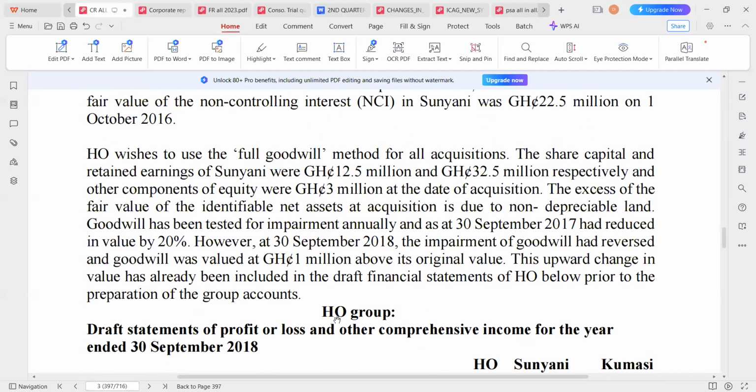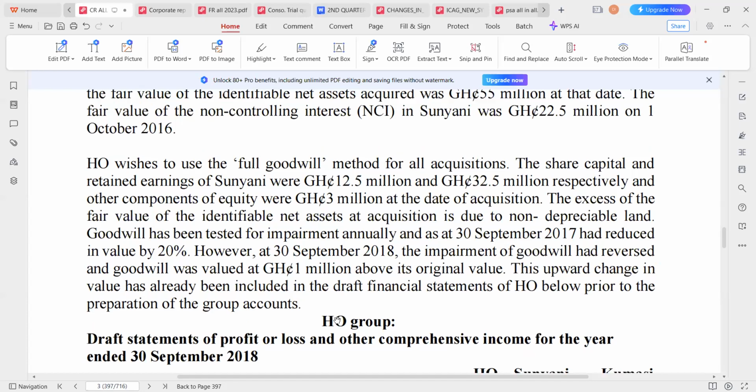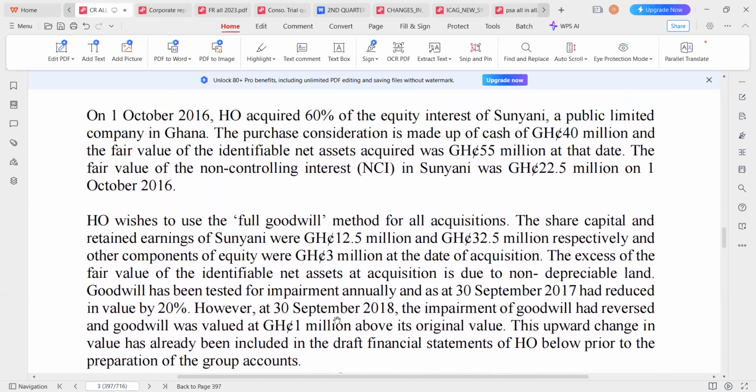Now let me scan through the notes, then I move on to the next section. Let me start from the top. On October 1st, 2016, who acquired 60% of the equity interest of Sunyani, a public limited company in Ghana.